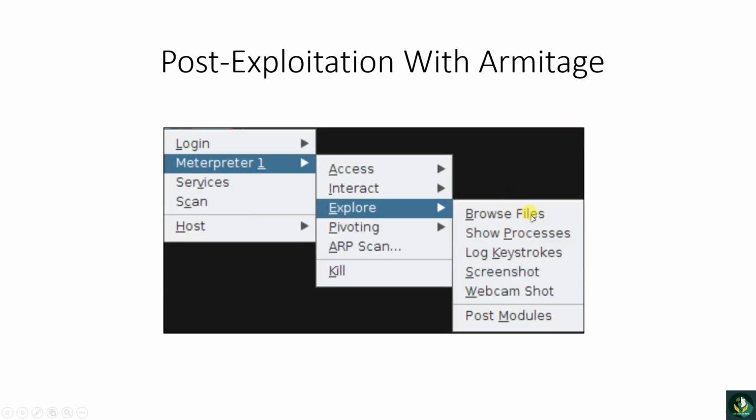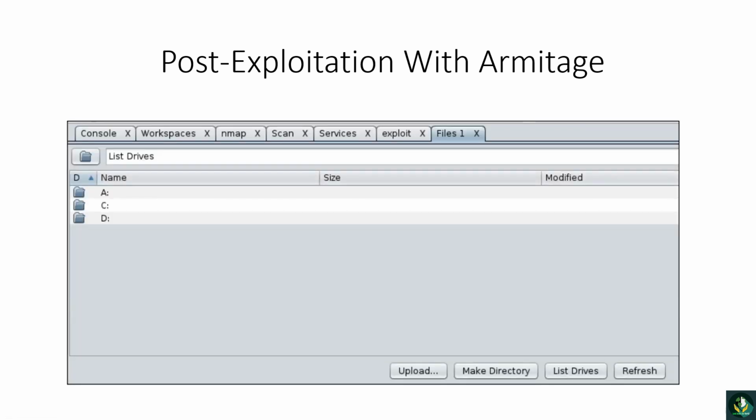So simply click on browse files. After clicking on browse files, this will show, so we can easily upload, download and view any files that we want on the target system by clicking on the appropriate button. This is the beauty of Armitage, which keeps commands far away and presents everything in a graphical interface, so that we don't need to do any commands or any code, which some people don't like to use.